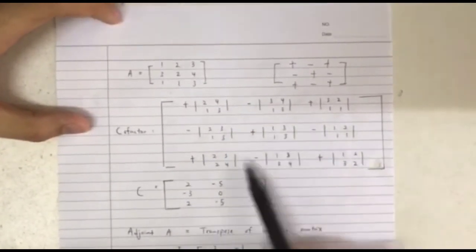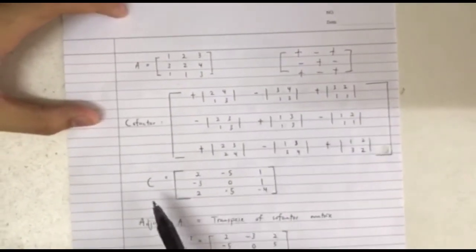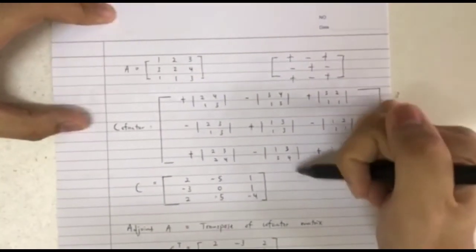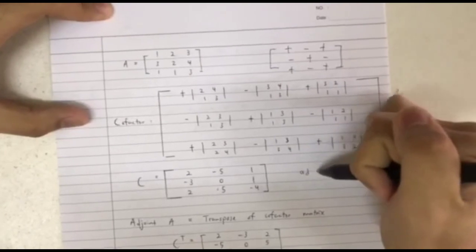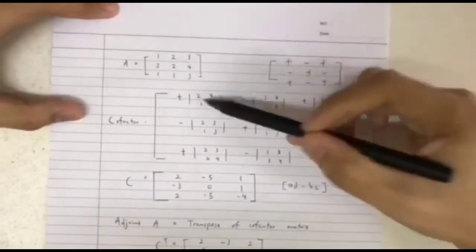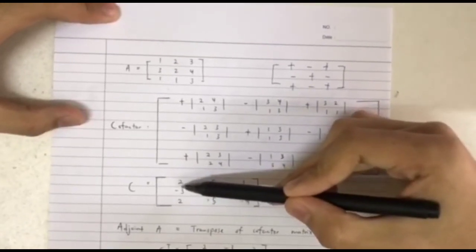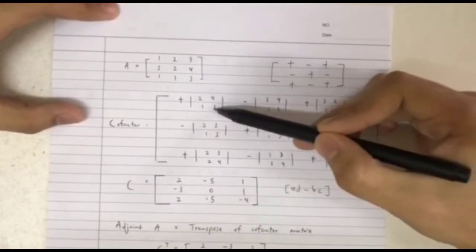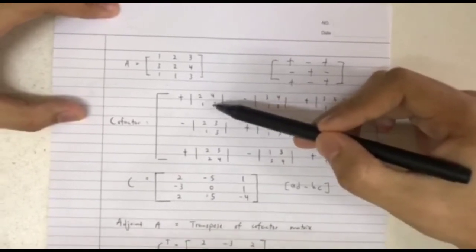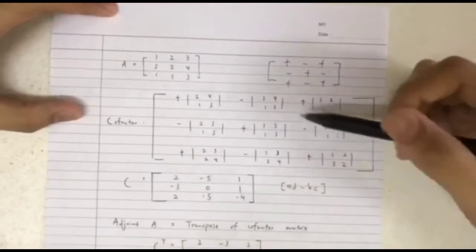The formula for the minor is AD minus BC. So the cofactor is 2 times 3 minus 1 times 4, so 6 minus 4 equals 2, and so on.